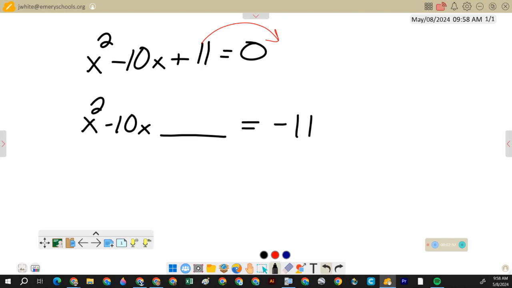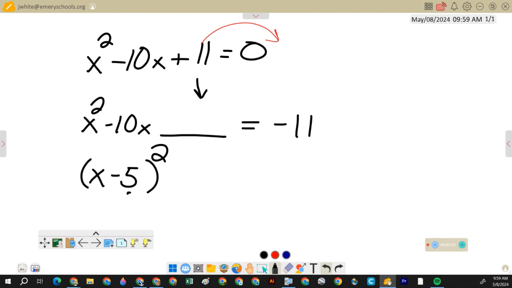Okay, so if this was a perfect square, what would go inside the parentheses? Minus 5. Okay, and if this is a minus 5, what number would be there?